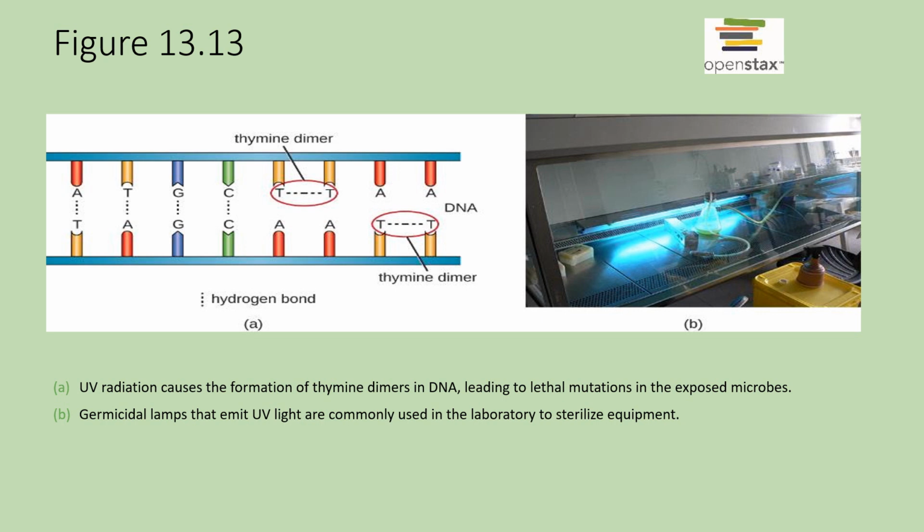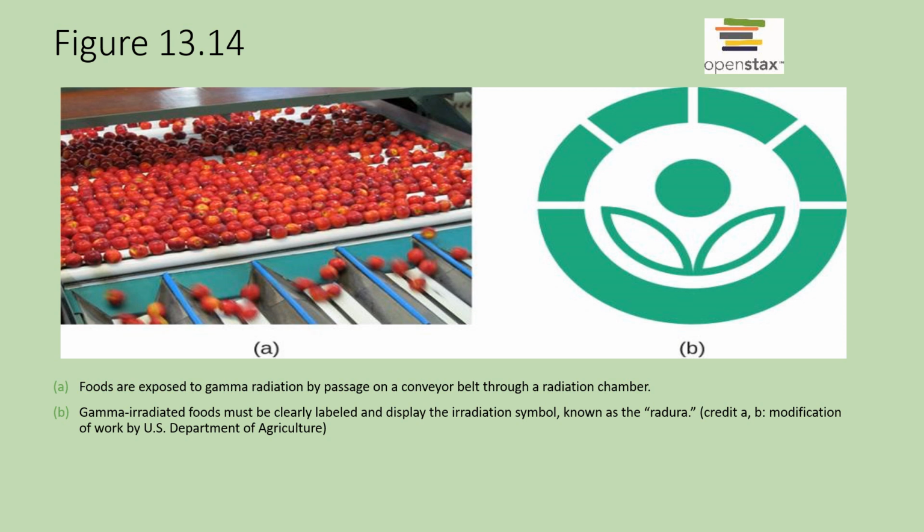So this is showing how it interferes with the DNA. This shows a hood where it's got a UV light. You can see it's reflected on the bottom here because there's a UV light up on top. And then food items, now they're doing a lot of radiation, like gamma radiation.